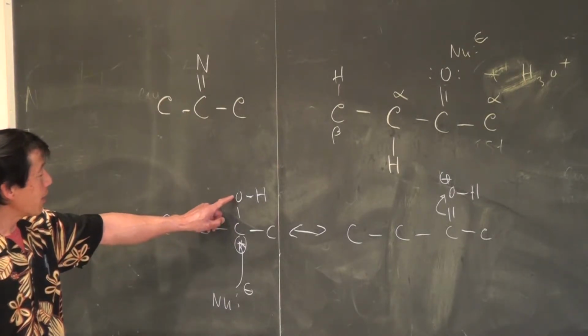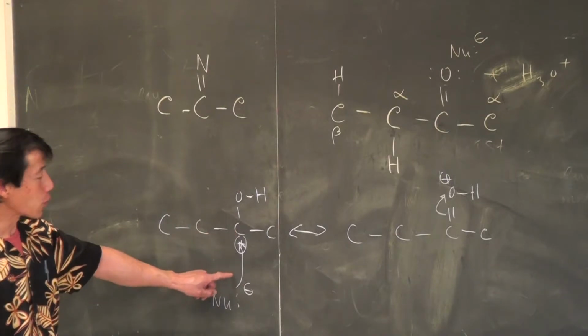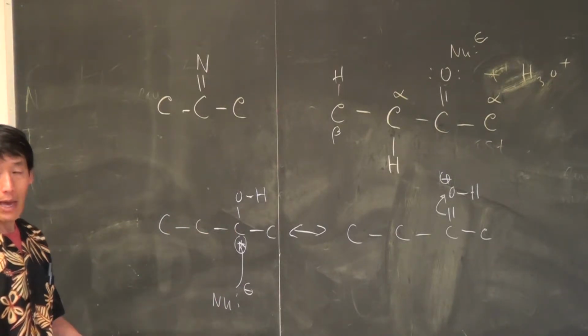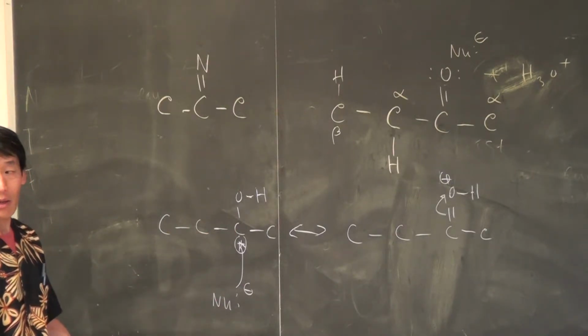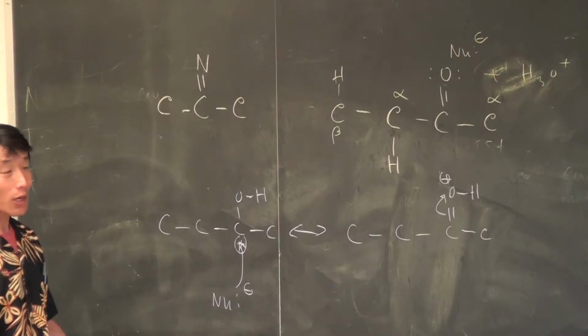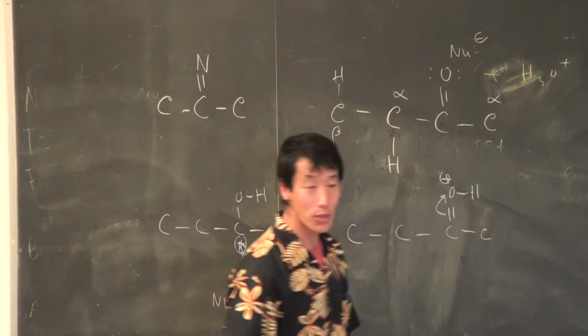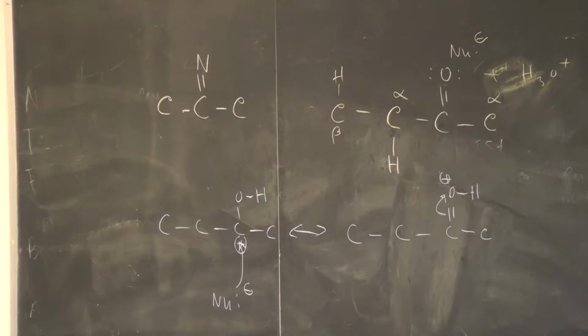We'll have the OH and whatever the nucleophile could be, like a hemiacetal or an acetal, or what's it called when you have two OHs bonded to it? The textbook called it a hydrate. Or you can call it a geminal diol because the two OH groups are on the same carbon.